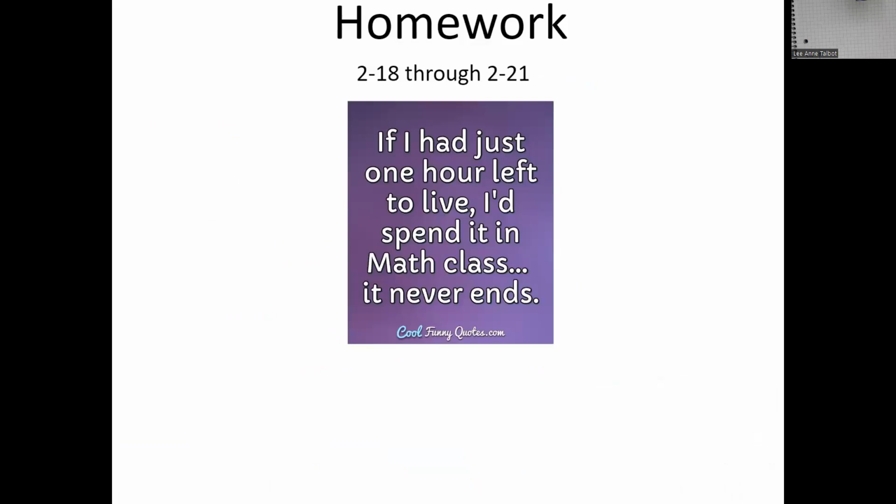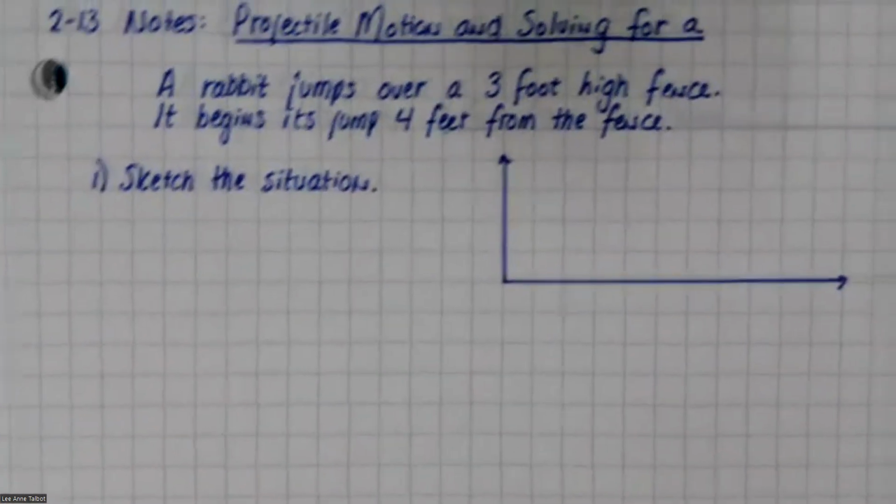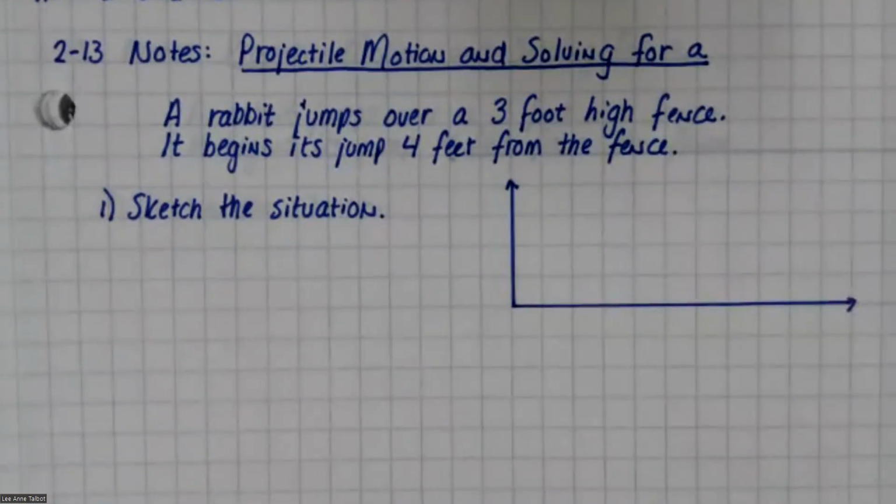And it says, if I had just had 1 hour left to live, I'd spend it in math class because it never ends, which is very fitting for the block day today. I used to have that t-shirt, except it's take out the words math class and replace it with swim meet.